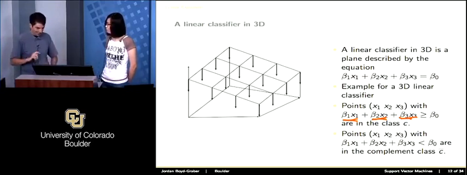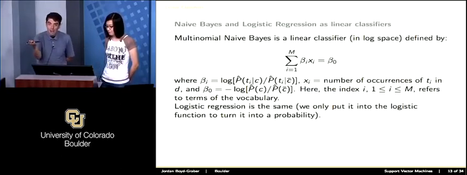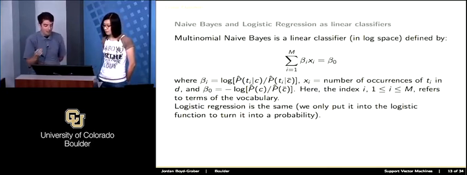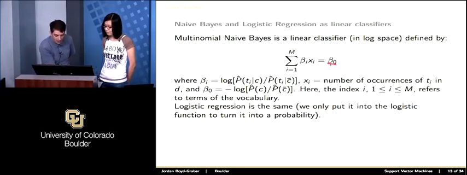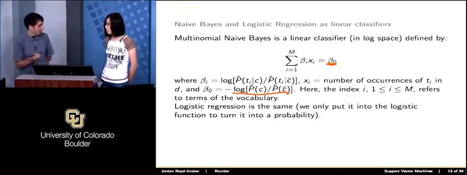Okay? All right. So let's review how naive Bayes and logistic regression are also linear classifiers. So for naive Bayes, our bias term, or our threshold, is the ratio of the background probabilities or the prior probabilities.